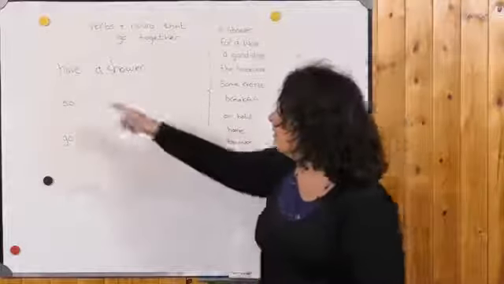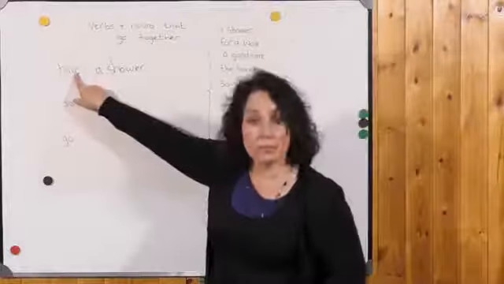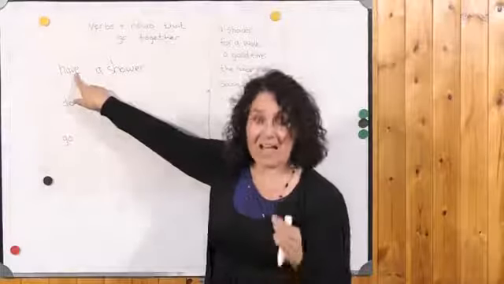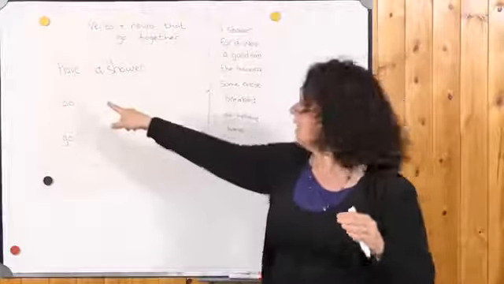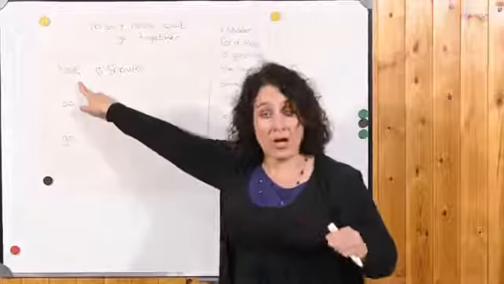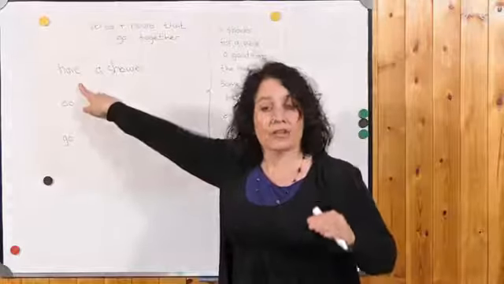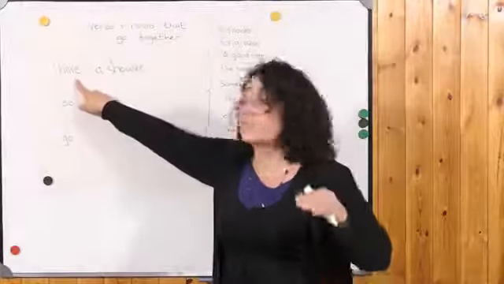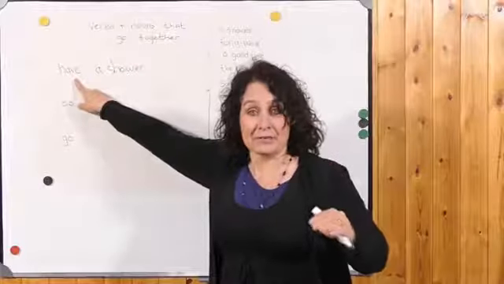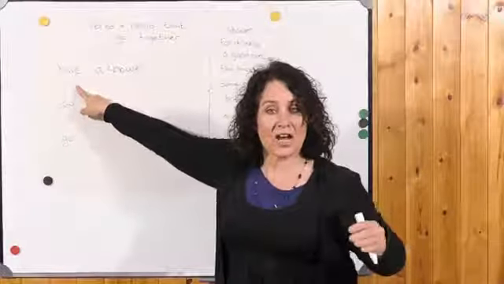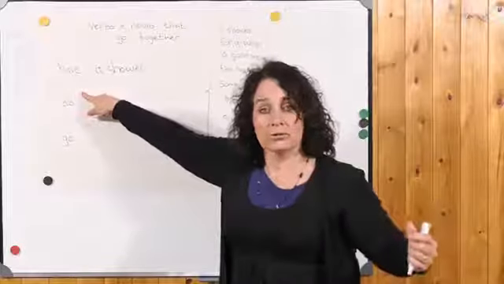So again, remember, this is the form in the present, have. And we know that if we want to use this in the past, then this word changes to had. Okay, so I had a shower 2 days ago.